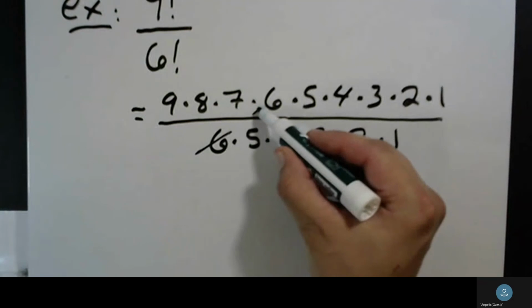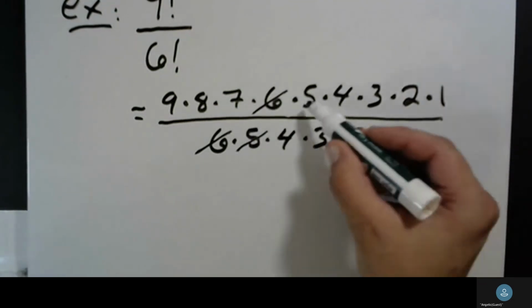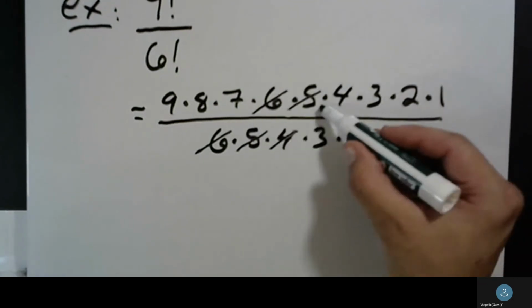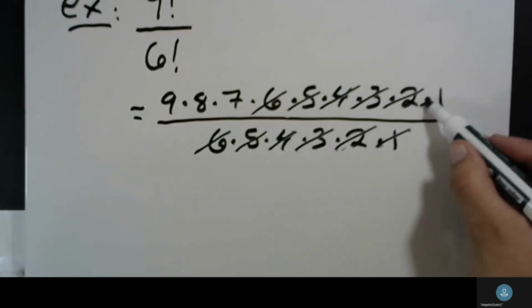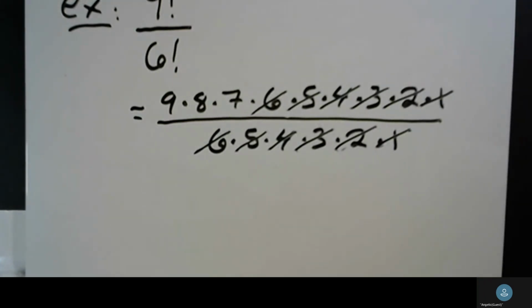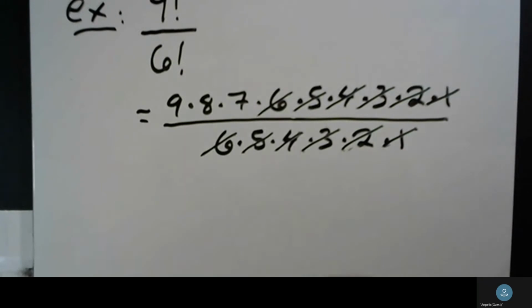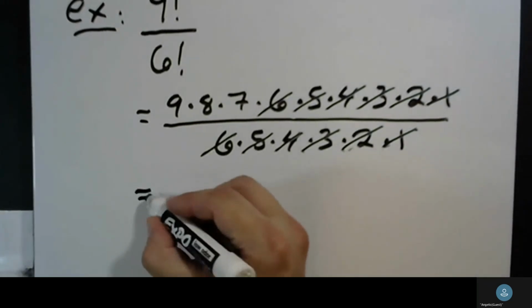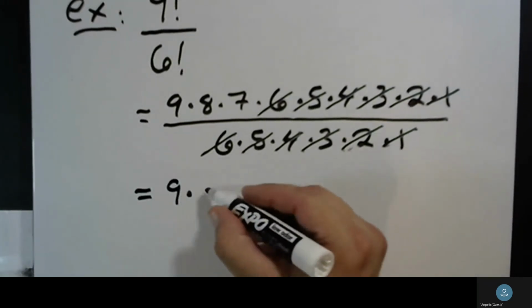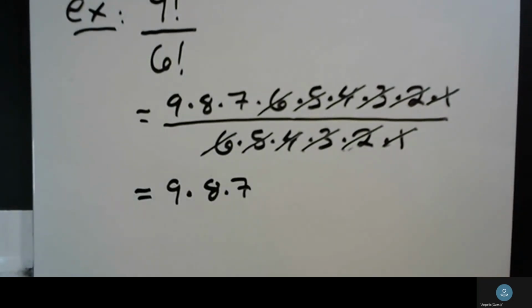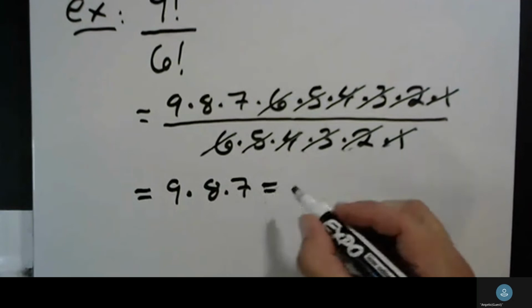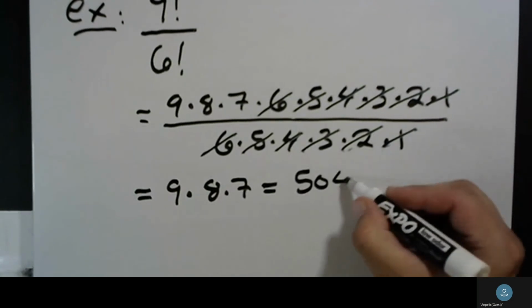So what we can do is cancel these terms. And that's going to leave 9 times 8 times 7, or 504.